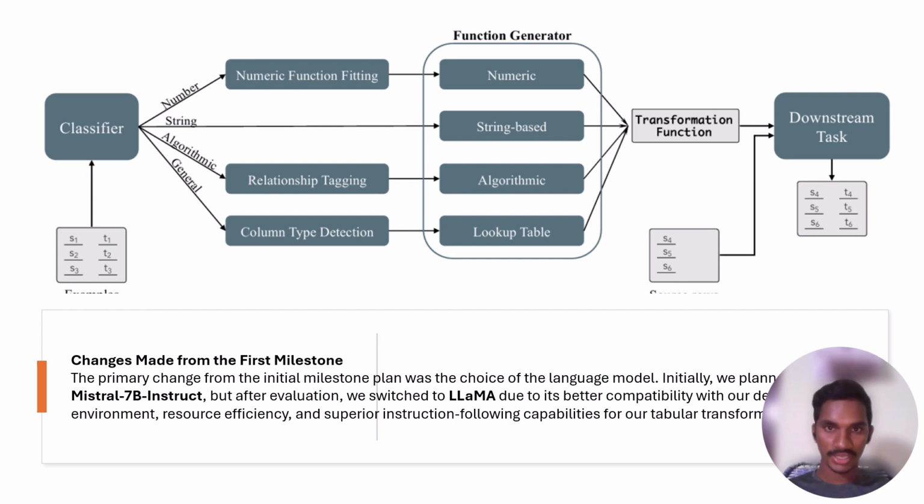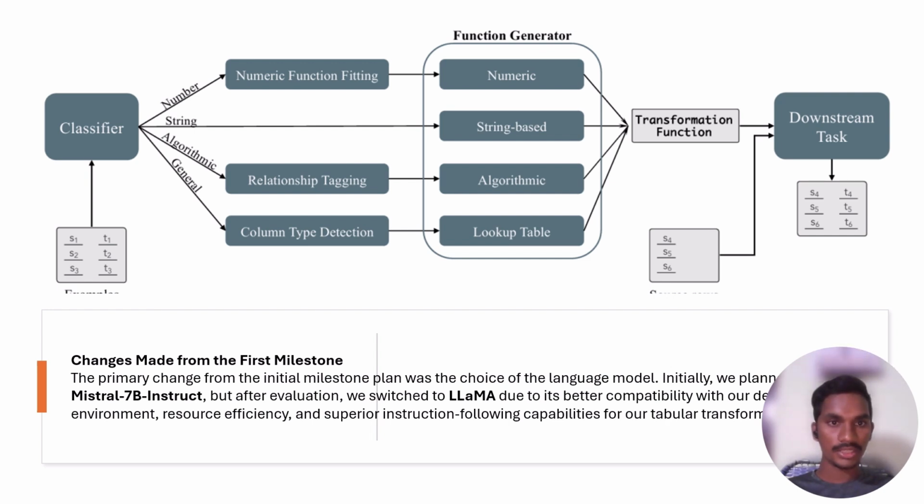So we will give the classifier a set of examples with source and target examples. The classifier will classify according to the examples provided and according to the information that it has gotten from the examples. There are basically four types of transformations: numbers, strings, algorithmic, and general.